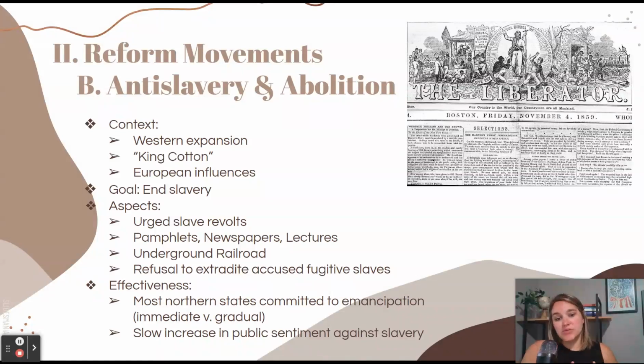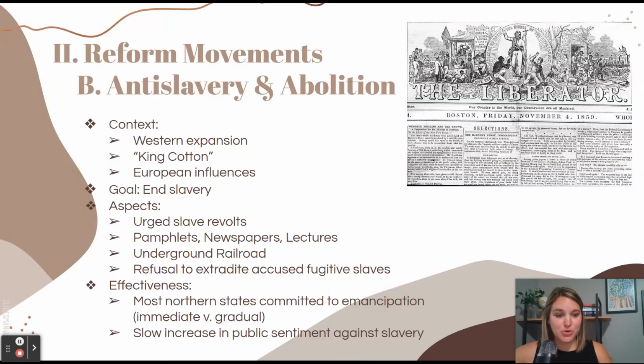The next major reform movement that we're going to talk about is anti-slavery and abolition. And this is going to be covered in the next couple of lessons as well. So here's a brief overview. Now, anti-slavery and abolition are actually not the same thing. Anti-slavery is more focused on eliminating the slavery that already exists.